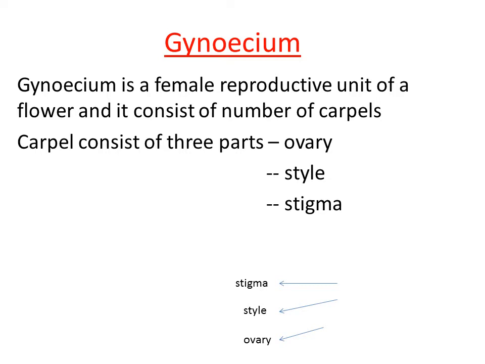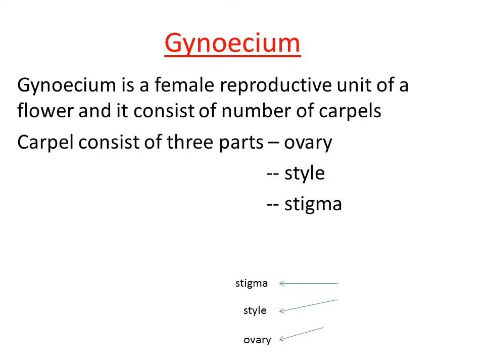So ovule is nothing but the megasporangium, right? In the megasporangium, the formation of the egg takes place. We have already discussed that in the life cycle of angiosperms, right? Within the ovary there are some nutritive tissues, and all the ovules get attached to these tissues.